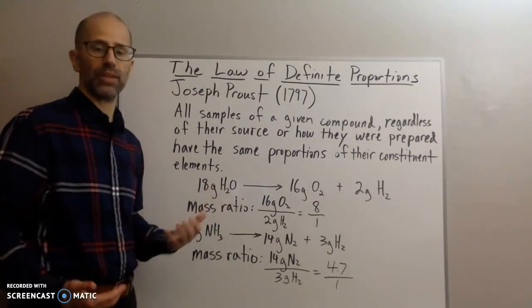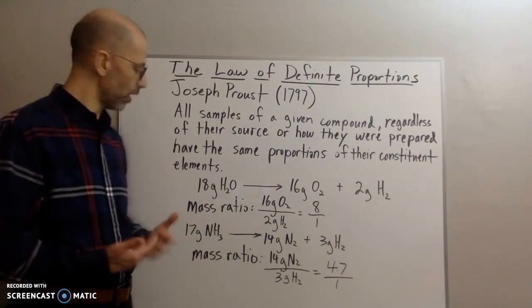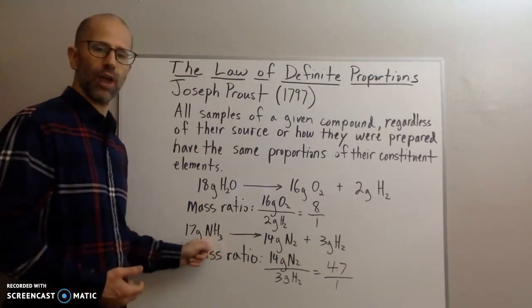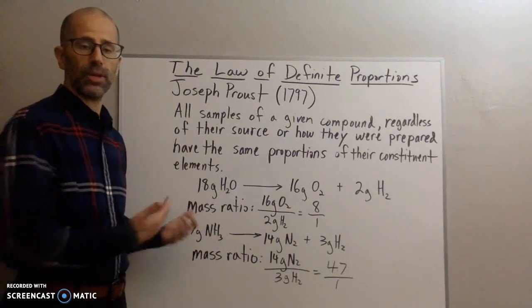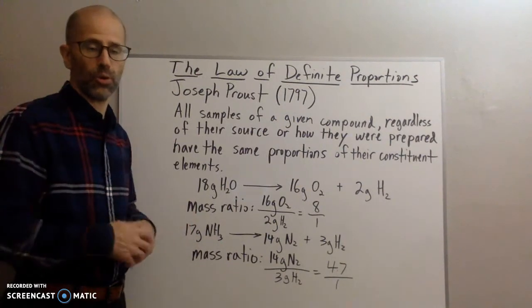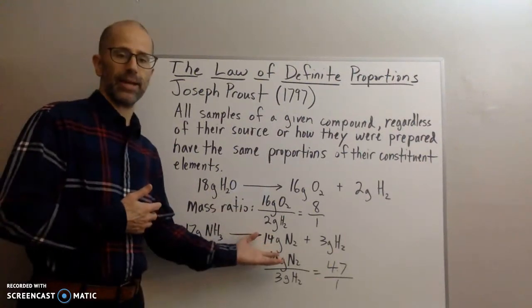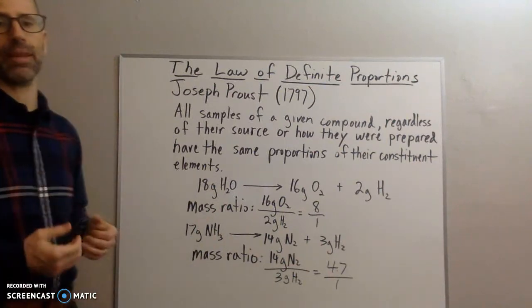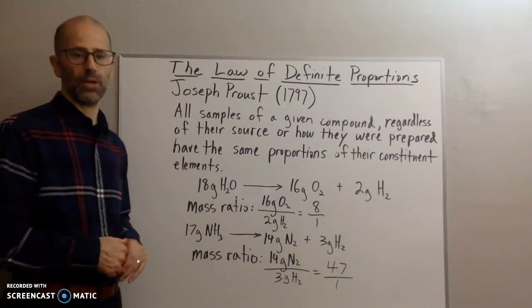So we would expect that the ratio of the masses is always going to be the same as well. And we have a 1 to 3 ratio regarding the number of atoms of nitrogen and hydrogen. Because that ratio is always going to be the same according to atomic theory, we would expect the mass ratio to always be the same. So again, the atomic theory is a way to explain these observations, okay?